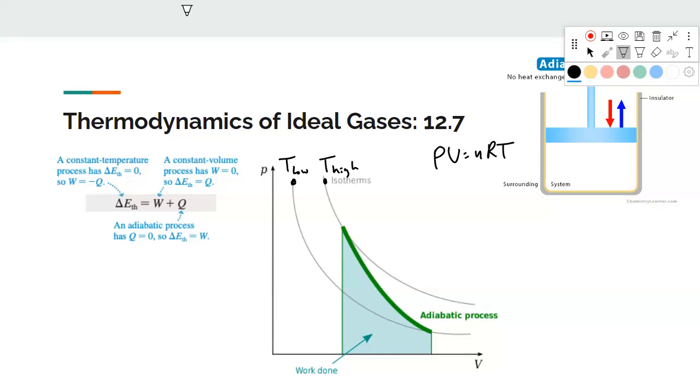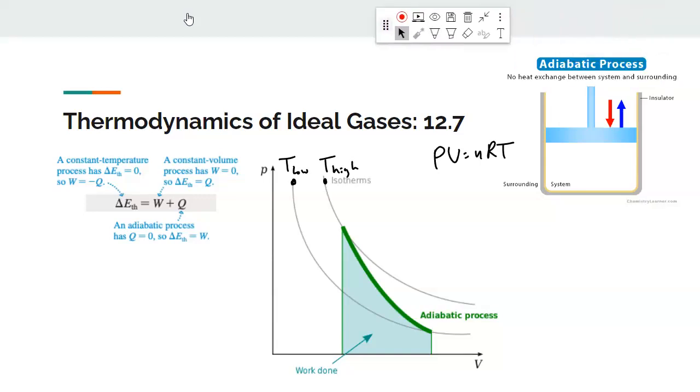But by letting pressure and volume change in an insulated container, like you can see in the top right here, we are following this adiabatic curve, which goes between temperature curves.